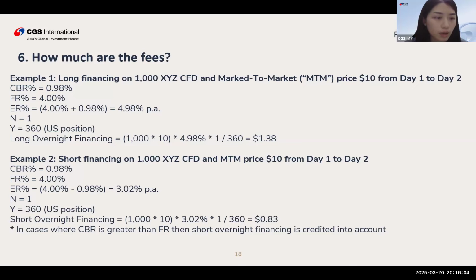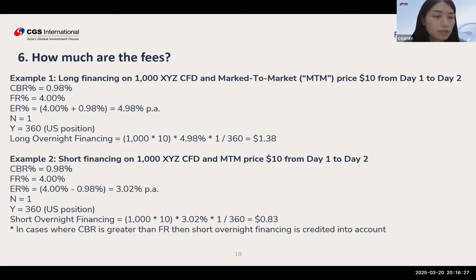The day count is 1, and because of the US position, the year count is 360. So your long overnight financing will be 1,000 times $10 times 4.98% divided by 360, so you are charged 1.38 of financing fee.